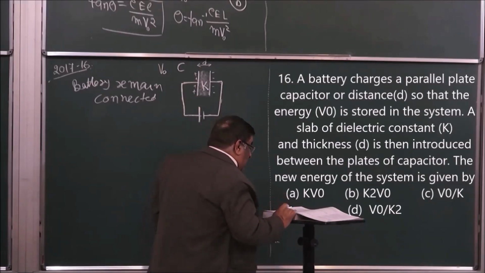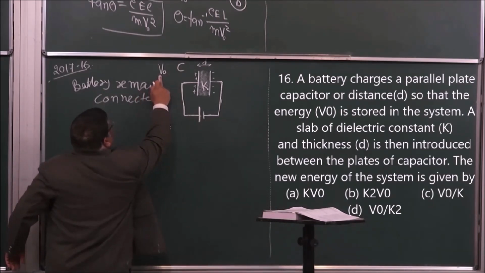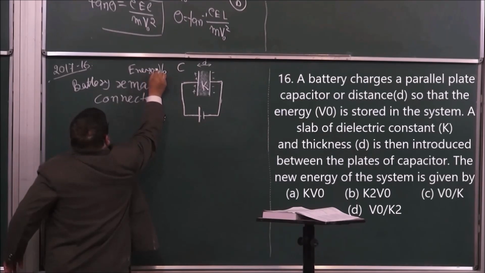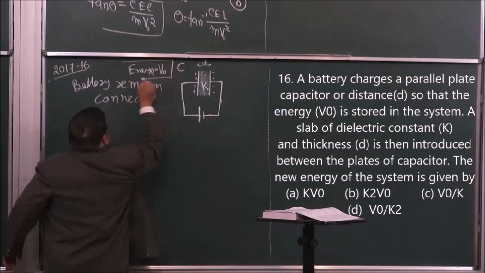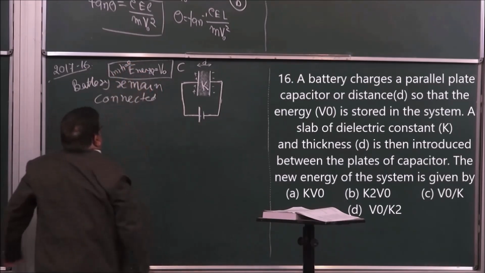Now, what will be the new energy of the system? What was the energy earlier? This is energy, not voltage. So let's write it as energy. This was the energy earlier, the initial energy.